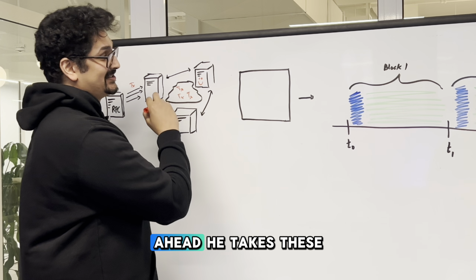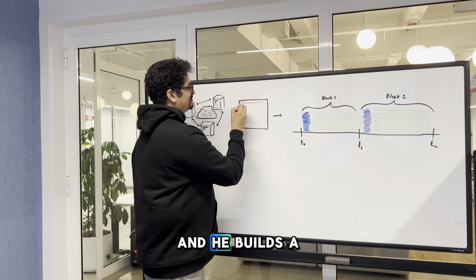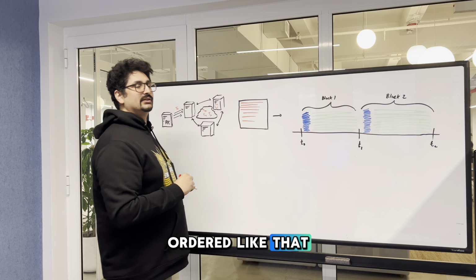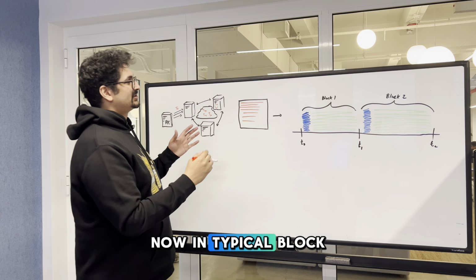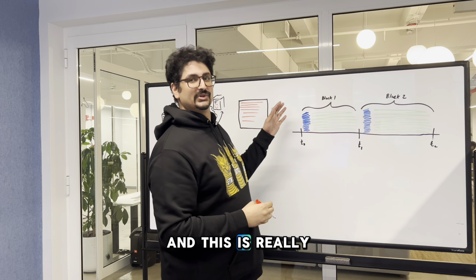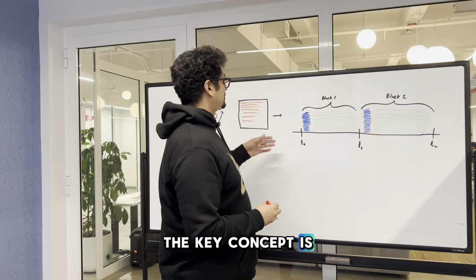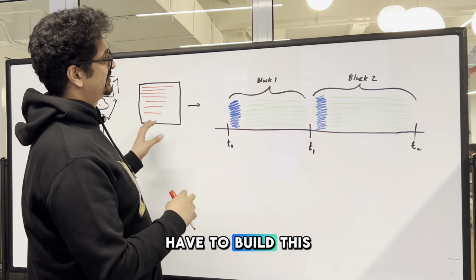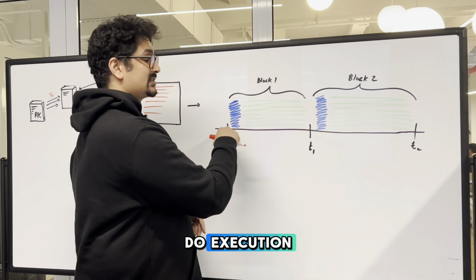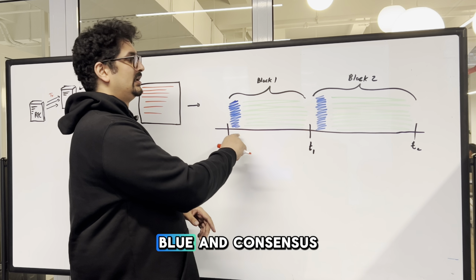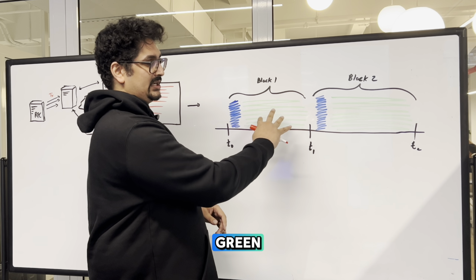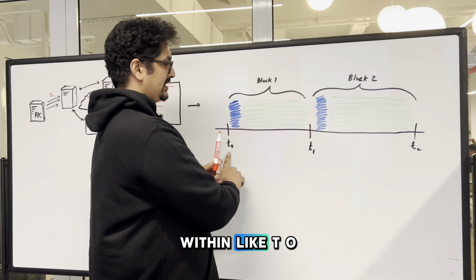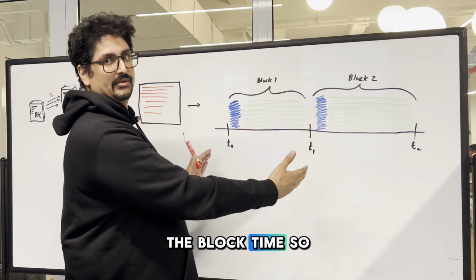And so he takes these transactions and he builds a block and he says, okay, I'm gonna say they're ordered like that. Now, in typical blockchains, and this is really the key concept, is the block time, the time that they have to build this block, do execution, which is here in blue, and consensus, which is here in green, is all shared within T0 to T1, the block time.